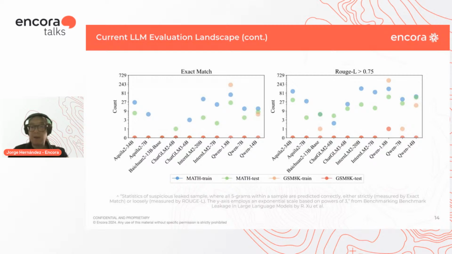We don't see stuff like what you can see in this slide, where for GSM-8K and for math, there are multiple models that have this very suspicious sort of left, where they answer very similarly to the actual answers that you'll find in the data set in the benchmark.